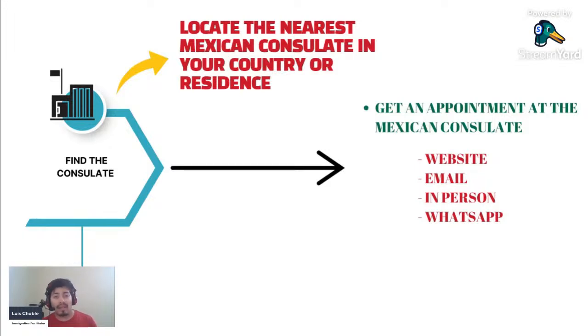If you send an email and they don't respond in one week, maybe you need to check if they have a WhatsApp where you can make an appointment, or if not, you need to go in person. Well, you need to find options.